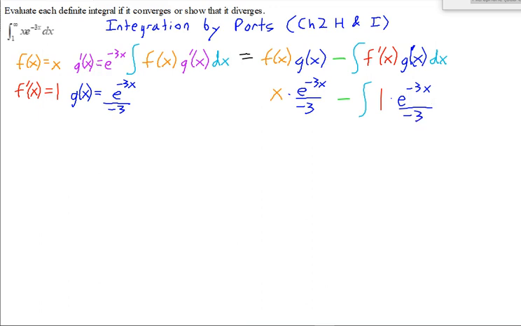So we can tell we assigned them correctly, because notice this integral is simpler than the original one, because it doesn't have the x inside there anymore.